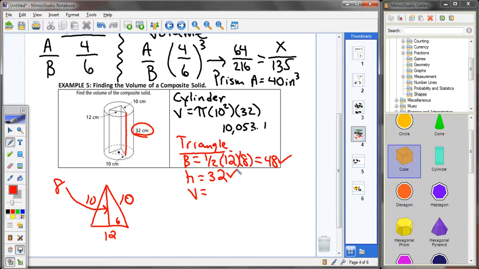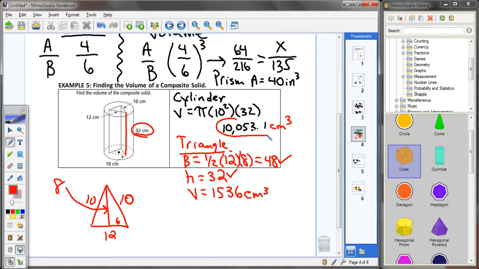How much? 1536? Like that? And that would be also in cubic centimeters. So kids, you knew the cylinder, if it was solid, was how many cubic centimeters?